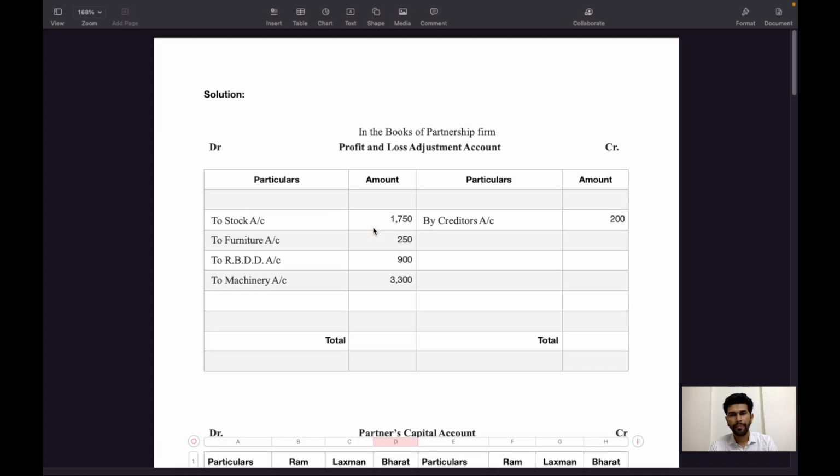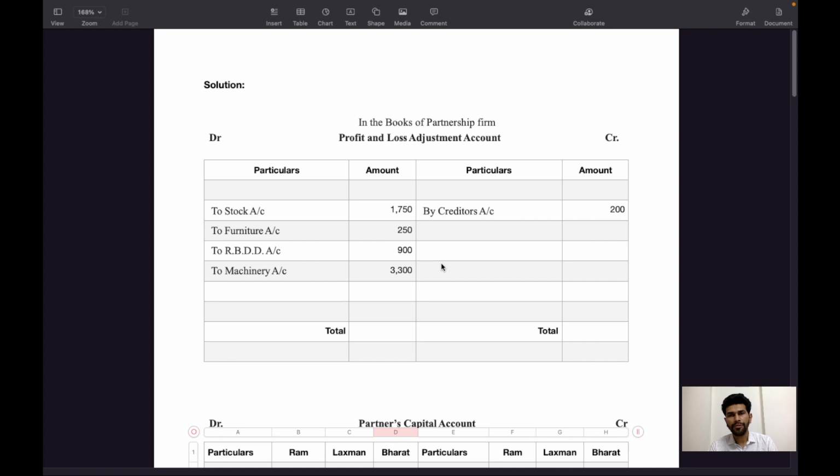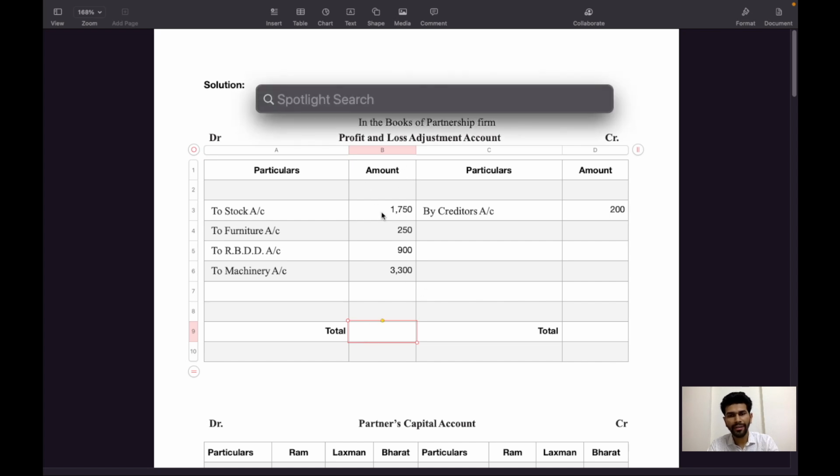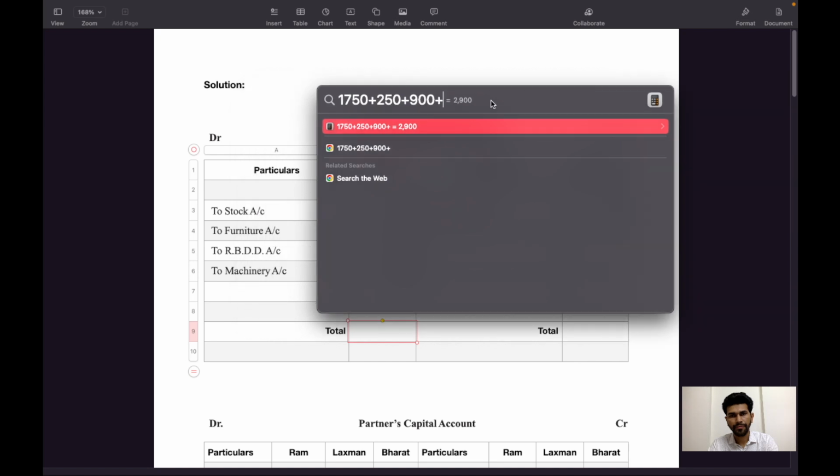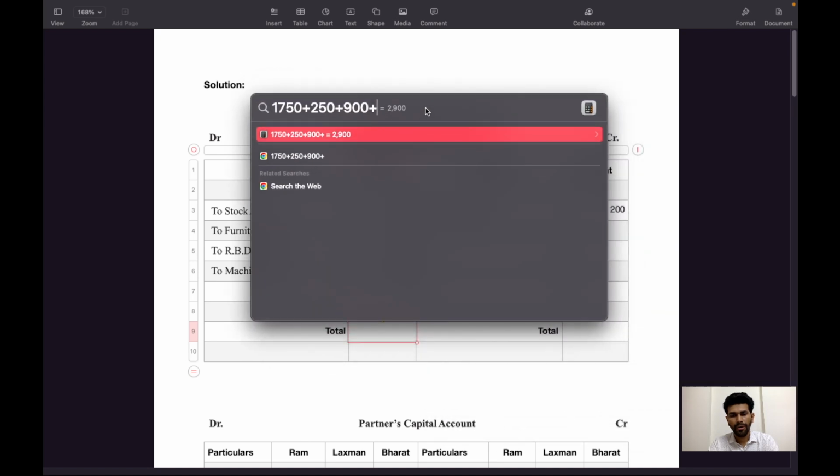Now first we will close the profit and loss adjustment account. Debit side is more. So the total of debit side is 1,750 plus 250 plus 900 plus 3,300.